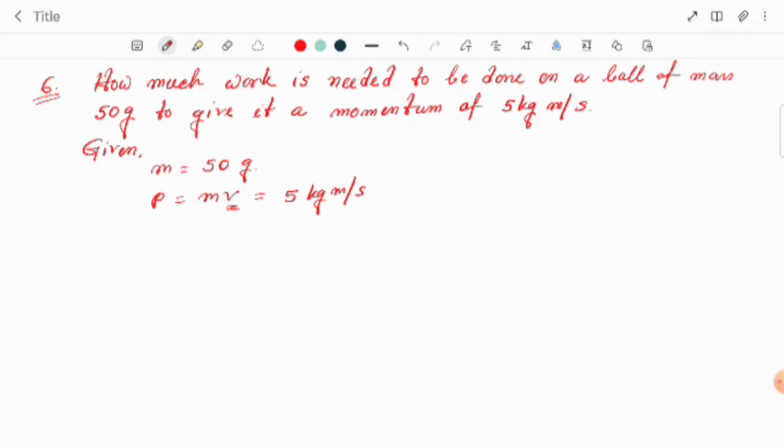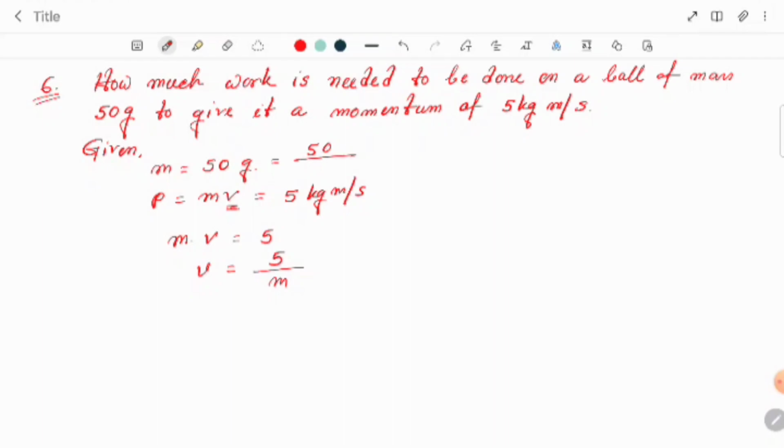So here v equal to, they have given mv equal to 5. So v equal to 5 by m. Mass is given 50 gram, so you have to convert into kg.